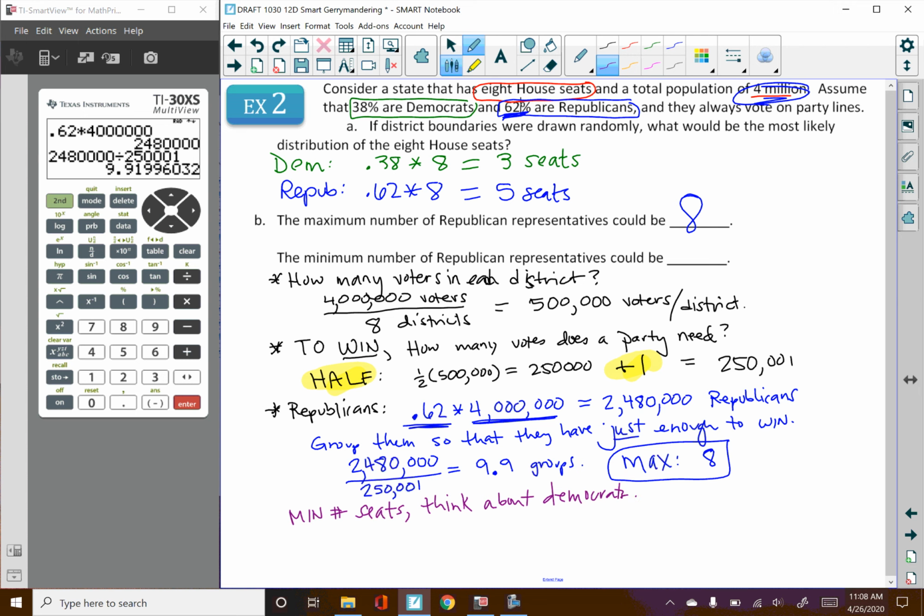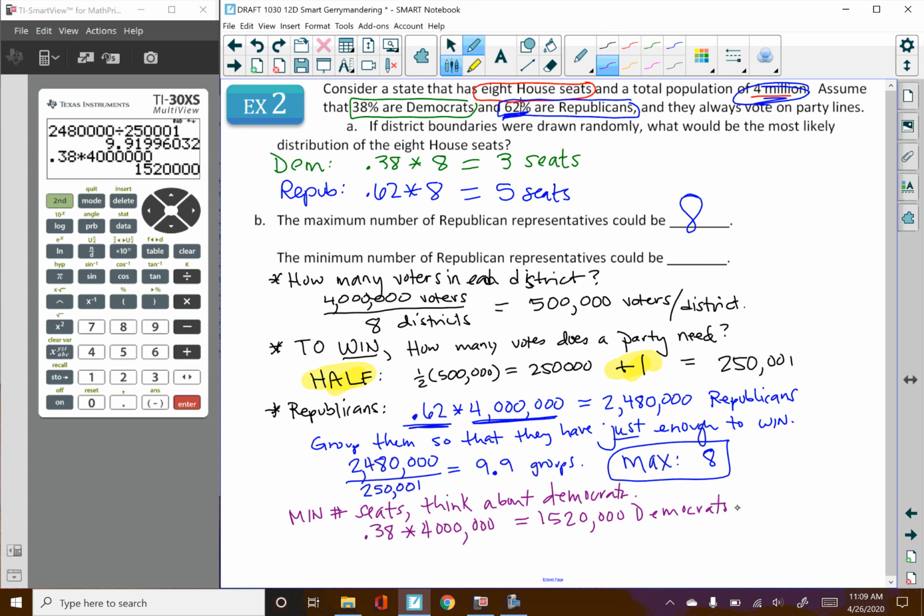There are 38% Democrats, and if we multiply that by 4 million people, that gives us 1,520,000 Democrats.